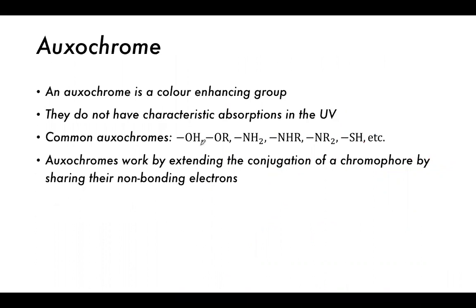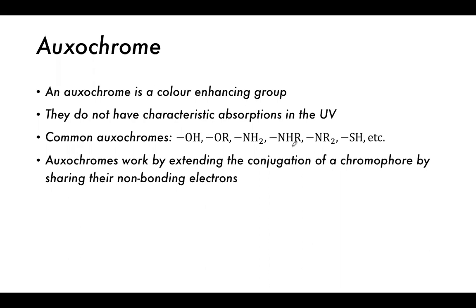We have OH, we have OR, so we have alcohols, we have ethers, we have amines, we have other amines, and we have these hydrogen sulfides, the thiols. So these all don't actually have absorptions in the UV, but they can change the peak position of other molecules. So usually they're appendages on other molecules. We'll see how this shift happens in a moment.